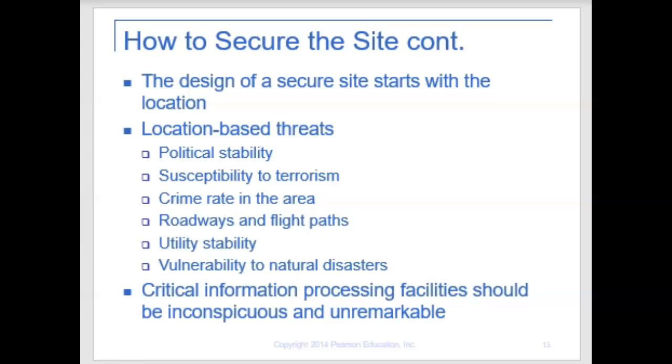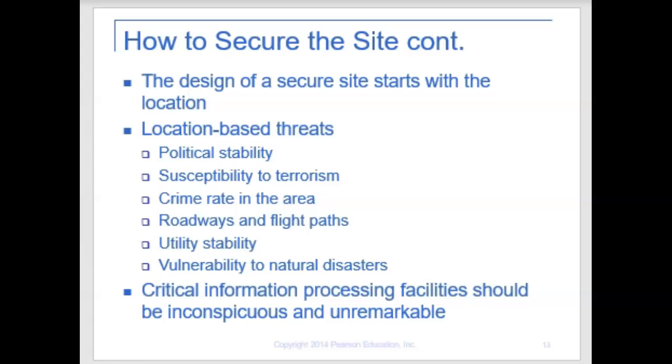Now, the location is very important and a first consideration, right? So the design of a secure site starts here, right? Is there political stability in the area that we want to operate in? Is it susceptible to terrorism? What's the crime rate? Because it's not just the building, physical security, and if there's value in the building, people will break into it.